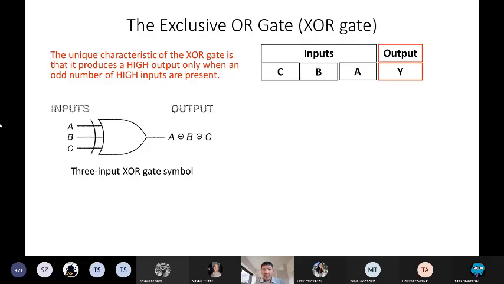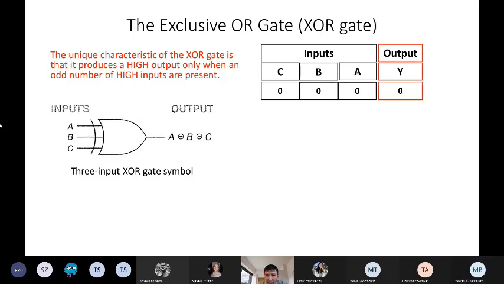12 minutes, okay. So let's say A, B, C are 0. What do you think will be the output? No, we need 0. You need to take into consideration only high inputs.